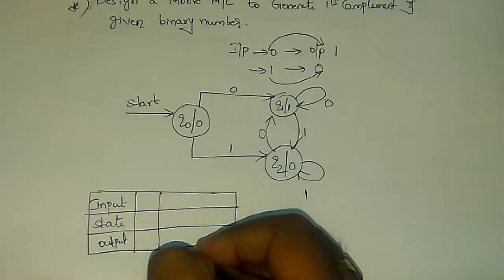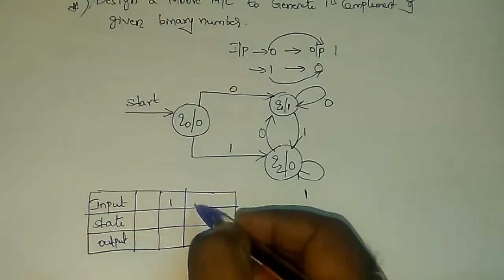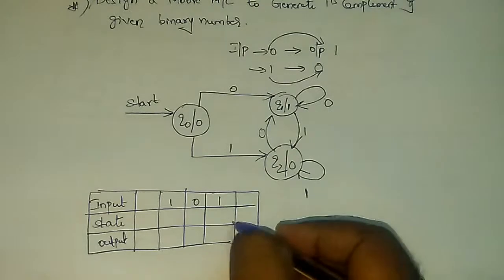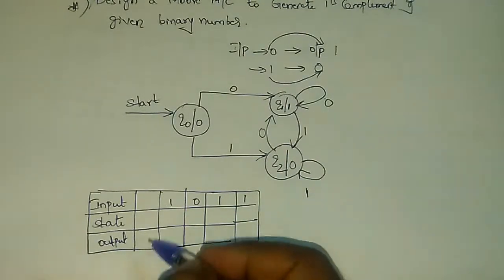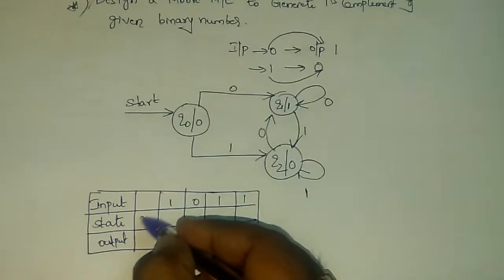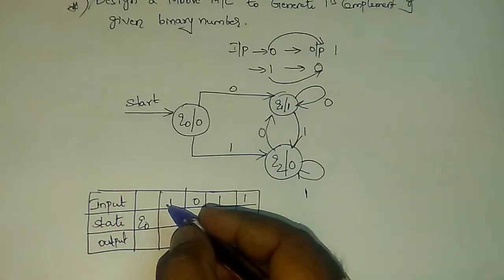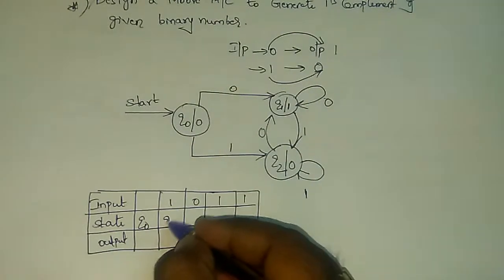My input is 1, 0, 1, 1. My initial state is Q0, right? So Q0 on 1, where am I going? Q2.